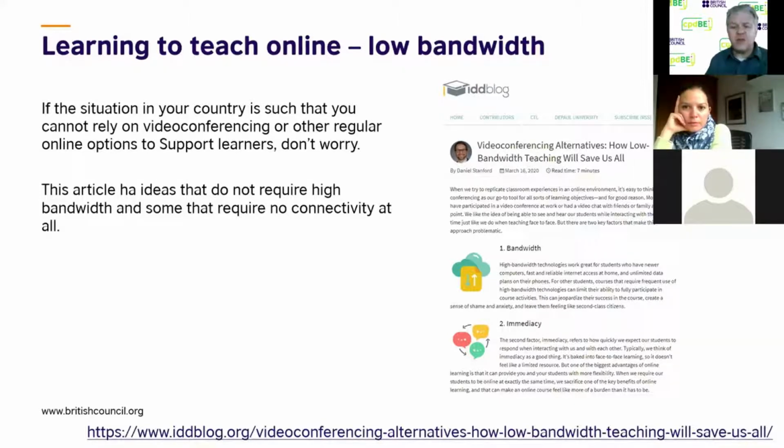But if students do have an internet connection, but it's quite low bandwidth, the connectivity is not as good as you need for video conferencing, this is an interesting article to help you around that. It also talks a little bit about tools that can be used without an internet connection. So that's a good place to start if you find that your schools, your students don't have internet connectivity.